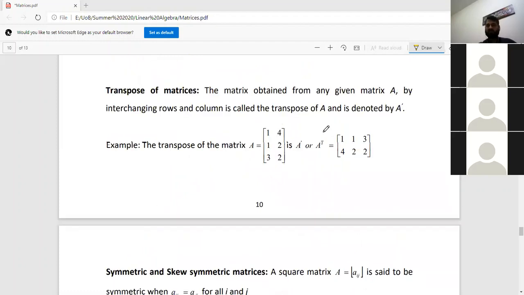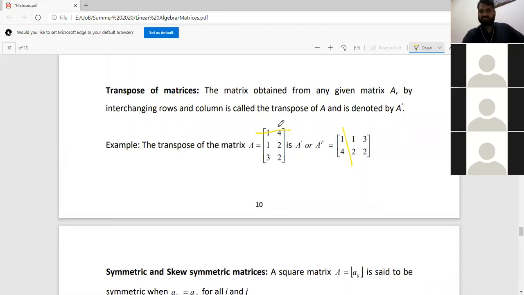Next topic is the transpose of a matrix. What is the transpose? If we change columns into rows and rows into columns, that will be the transpose. For example, if this is your matrix, I will write the first row as the first column.